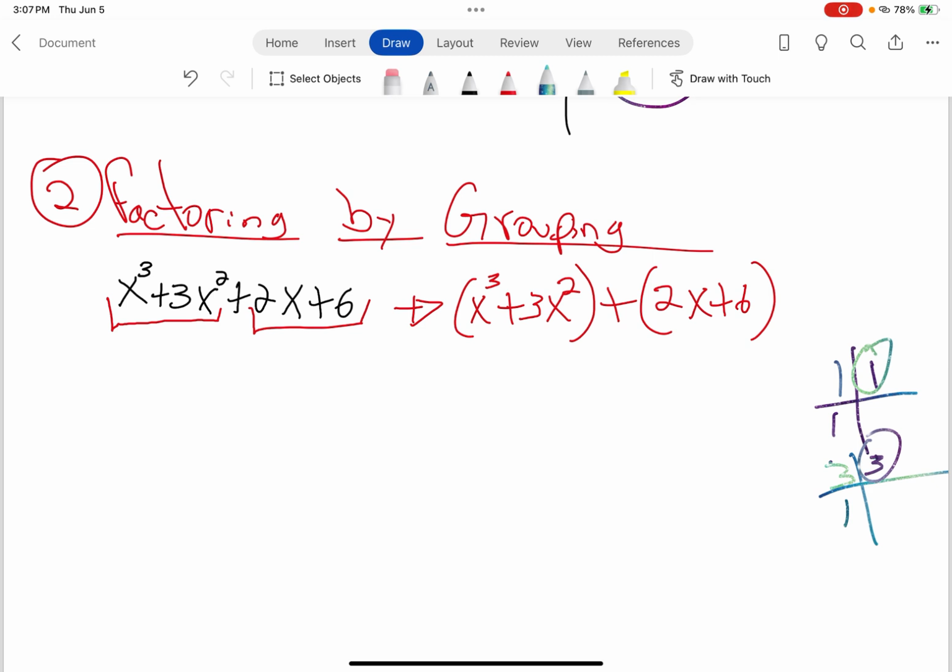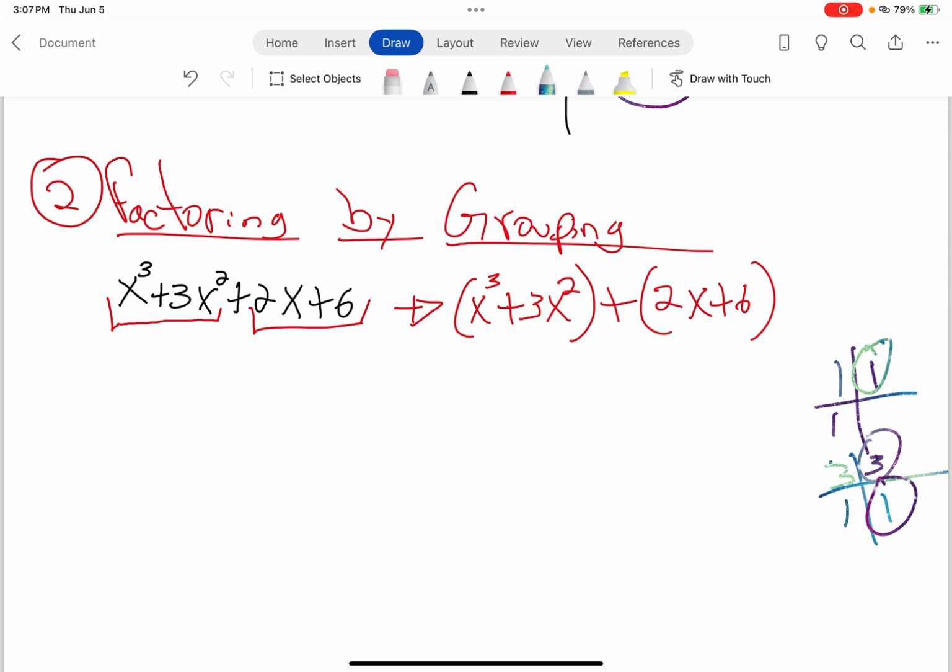If you see, the factor for 3 is 3, but if you multiply 3 times 1, it will be 3. So I can say that 1 and 3 are both factors of 3, because 1 times 3 is 3. So which is the greatest common factor in here? It's the 1, because 1 is in here and 1 is in the top one. So the first greatest common factor in terms of number is 1.